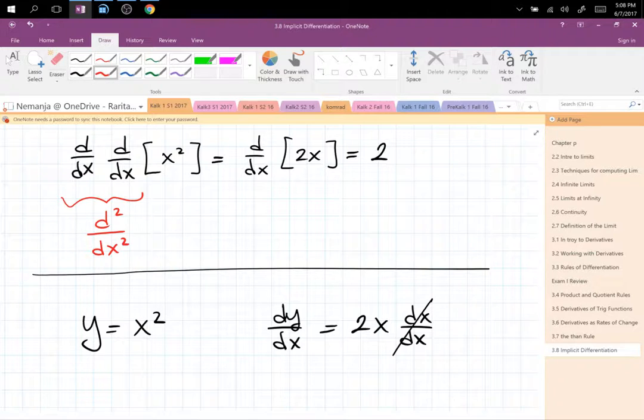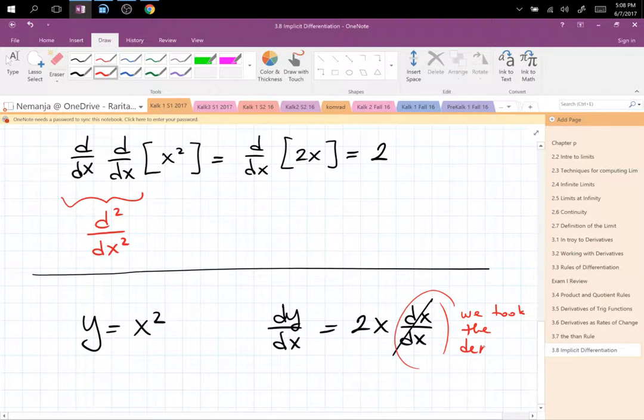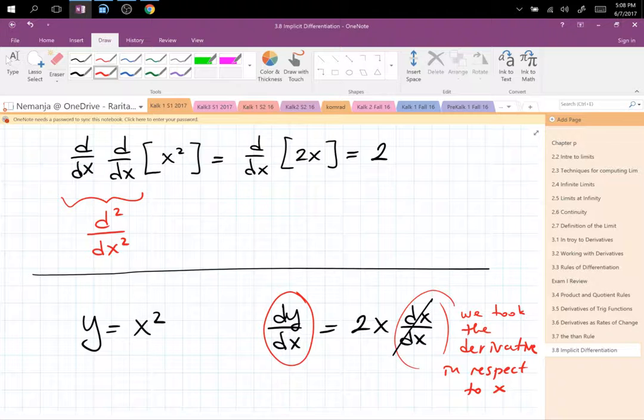What this says, the thing that we never write, says we took the derivative with respect to x. Observe that on the left-hand side, where you took the derivative with respect to x, it didn't cancel because it's dy and dx, those are different.